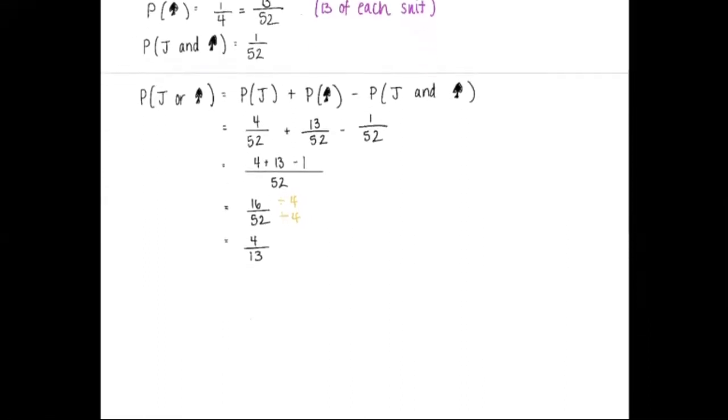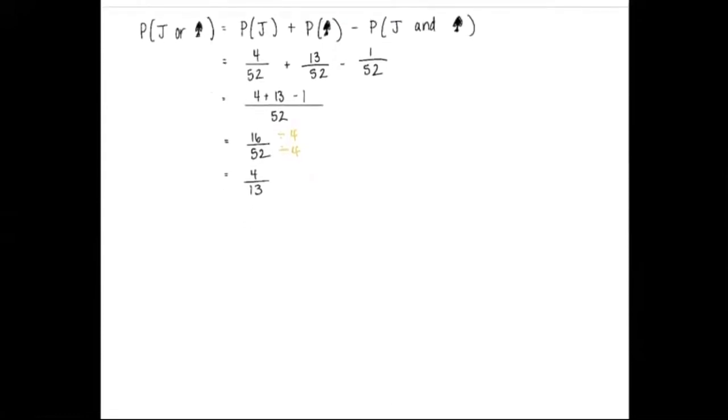Let's try a second one of these. Let's determine the probability of selecting a club or a red card. So what is our probability we get a club? 13 out of 52, perfect.